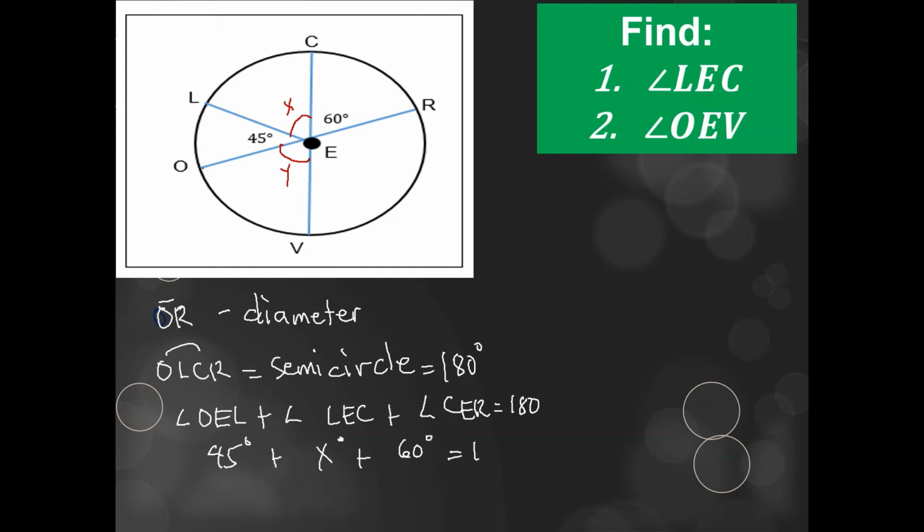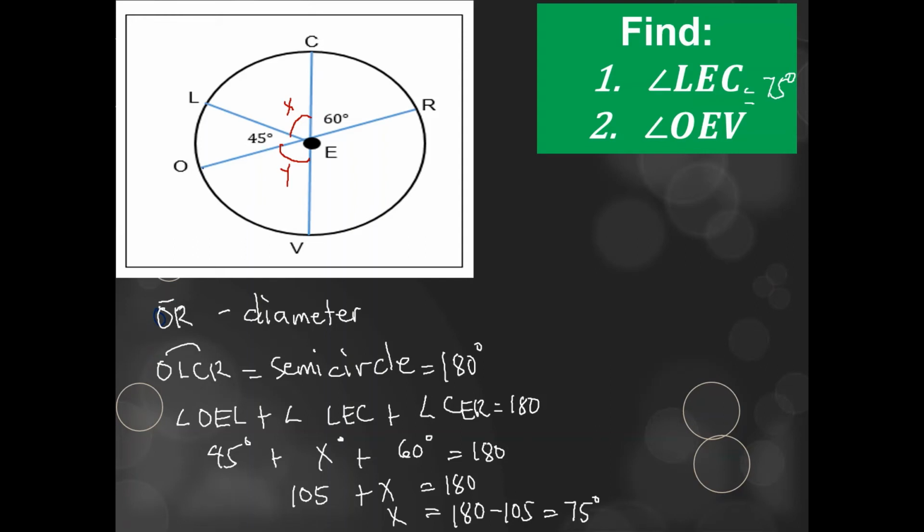That will be equal to 180. So combining like terms, 45 plus 60 is 105 plus X equals 180. So we have X equals 180 minus 105. That is equal to 75 degrees. It means the measurement of angle LEC is equal to 75 degrees.